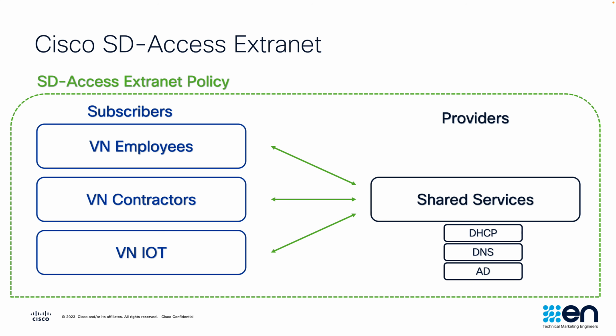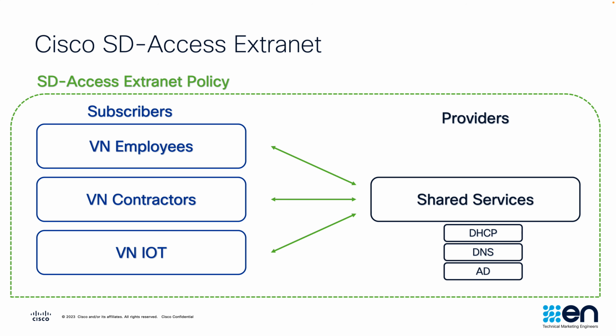It basically outlines the relationship between these networks, ensuring smooth communication and access to the critical services such as shared services or internet. So in essence, the extranet policy governs the interaction between the provider virtual network and multiple subscriber virtual networks, ensuring a cohesive network environment.